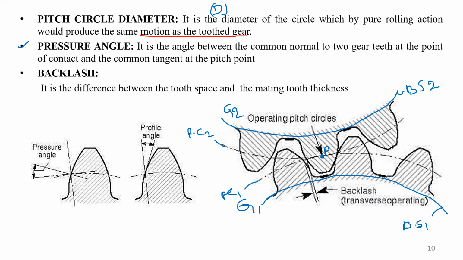Now, if you draw a tangent at the pitch point, it is a common tangent for both pitch circles, pitch circle 1 and pitch circle 2.